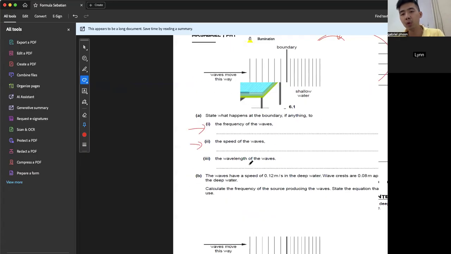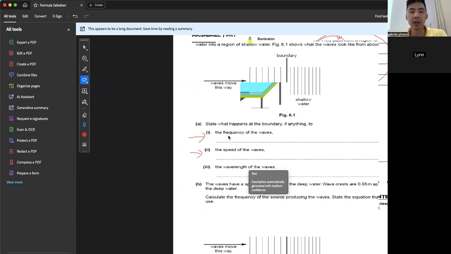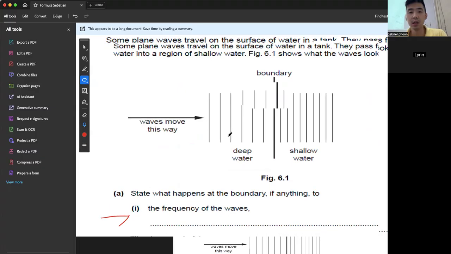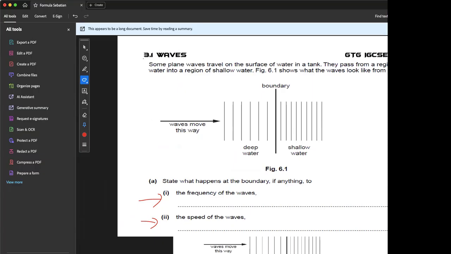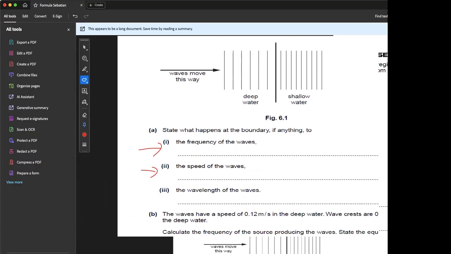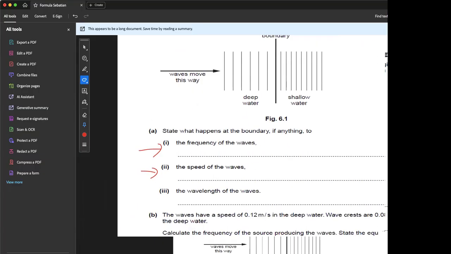Hey, can you all flip to 3.1 and look at the first set of exercises, guys? Which is somewhere around this page here. We haven't done any of these exercises at all, right?